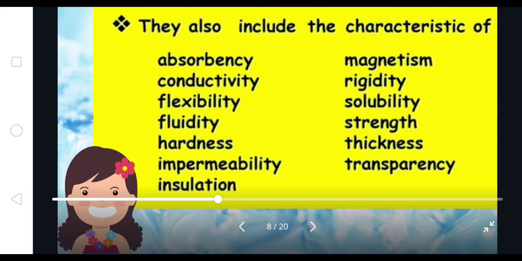They also include the characteristics of absorbency, conductivity, flexibility, fluidity, hardness, impermeability, insulation, magnetism, rigidity, solubility, strength, thickness, and transparency.